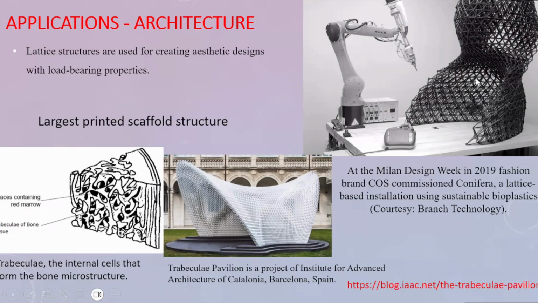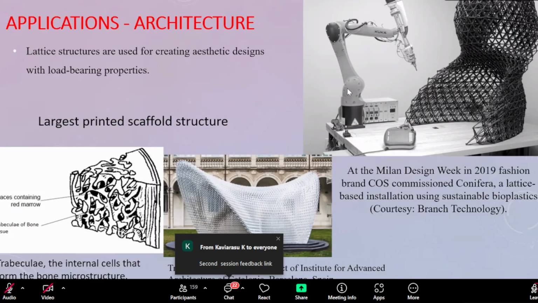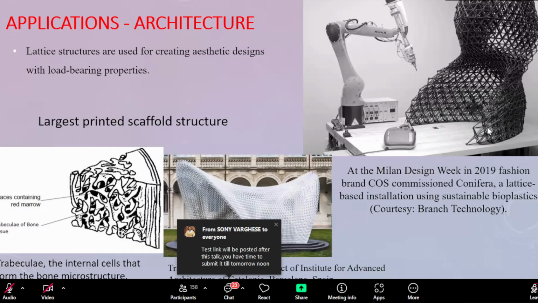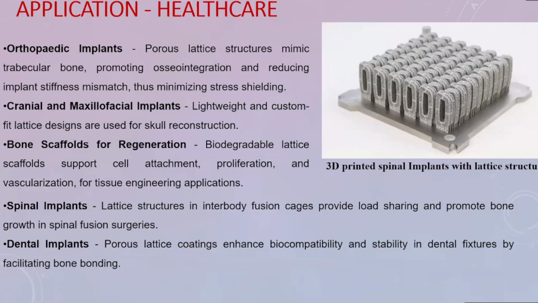These are some of the structures you can see: a huge robot whose size is bigger than a human, 6 feet. It is printing a structure over 10 feet or something like that here. So people have been working on innovative concepts like this.